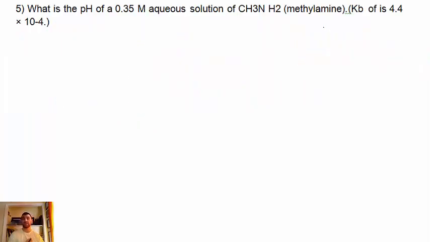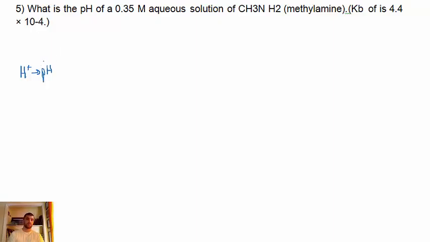All right, number 5. What is the pH of a 0.35 molar aqueous solution of CH3NH2, which is methylamine, and Kb is 4.4 times 10 to the minus 4? Interesting, so they want the pH. Let's work backwards. If I want the pH, I'm going to have to get the H plus concentration. How can I get that if they gave me the Kb?